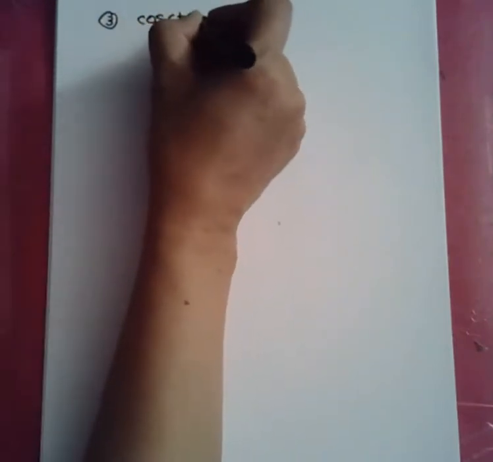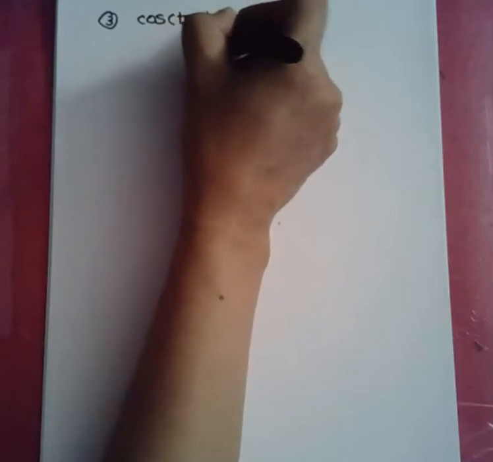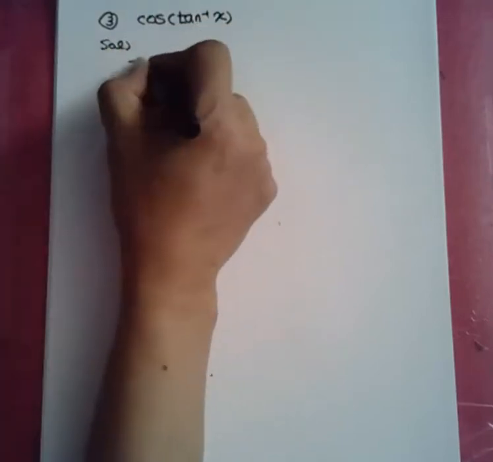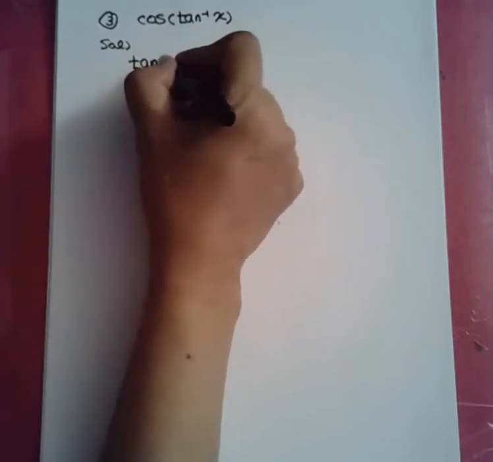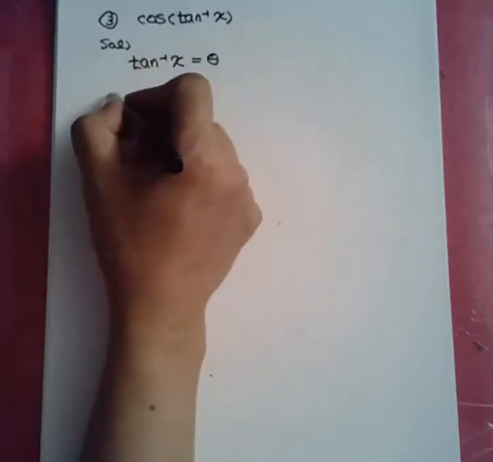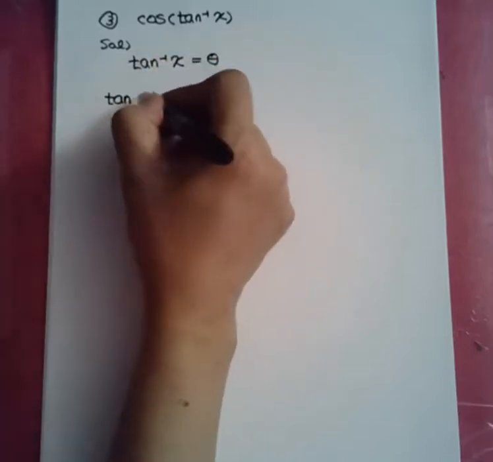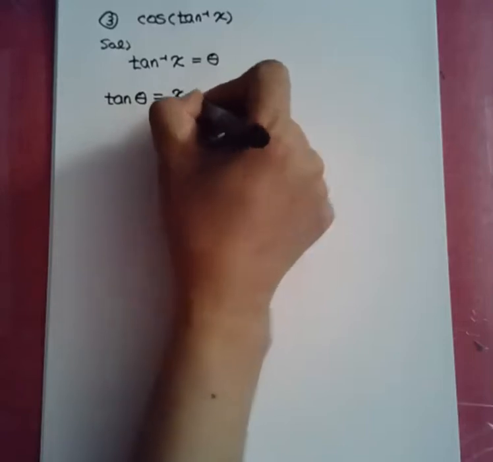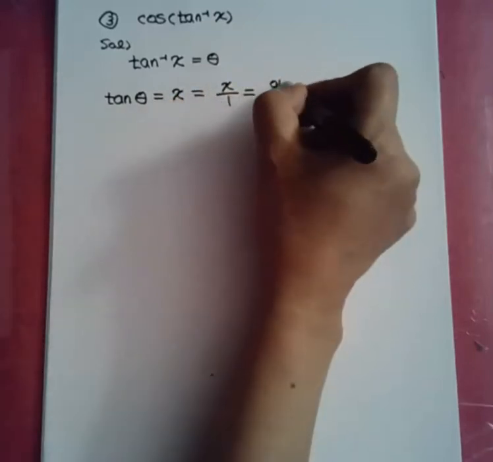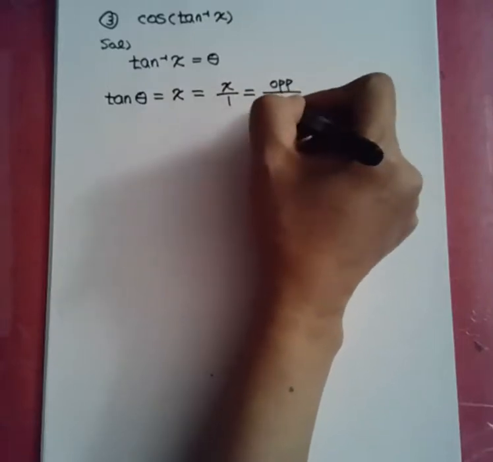Cosine of tangent inverse of x. Let's start with tangent inverse of x equals theta. Then tangent of theta equals x, and that can be written as x over 1. That is opposite over adjacent.